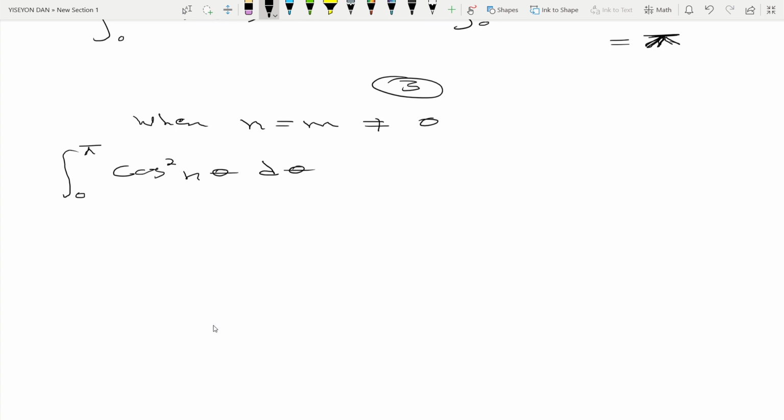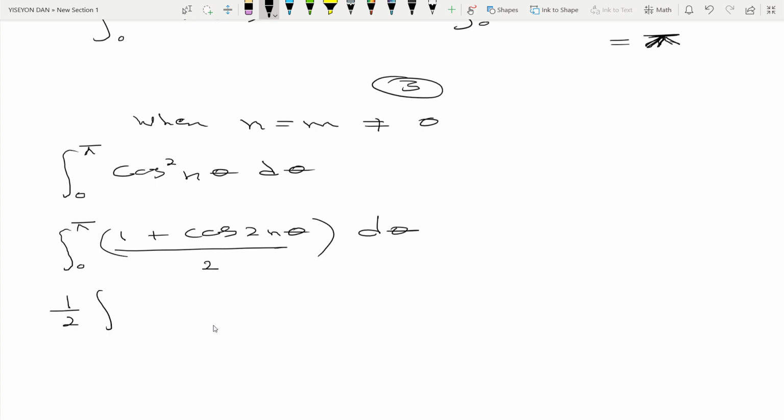And there is a rule in trigonometry. So cos squared n theta is the same as the integral from 0 to pi of (1 plus cos 2n theta) divided by 2, d theta. So we can factorize out 1 over 2. So we have 1 over 2 integral of (1 plus cos 2n theta) d theta.